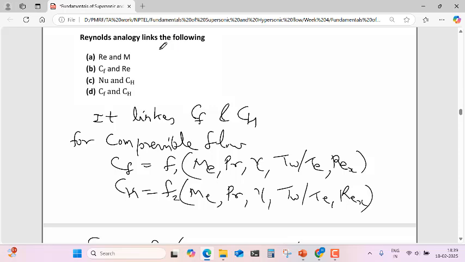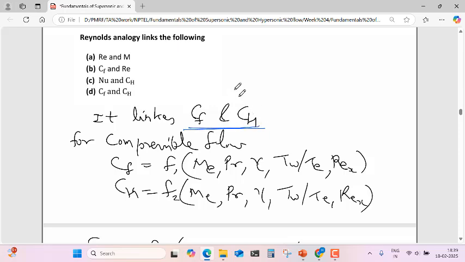Reynolds analogy links the following: RE and M, Reynolds number and Mach number; local skin friction coefficient and Reynolds number; Nusselt number and Stanton number; or local skin friction coefficient and Stanton number. It is a very simple question.